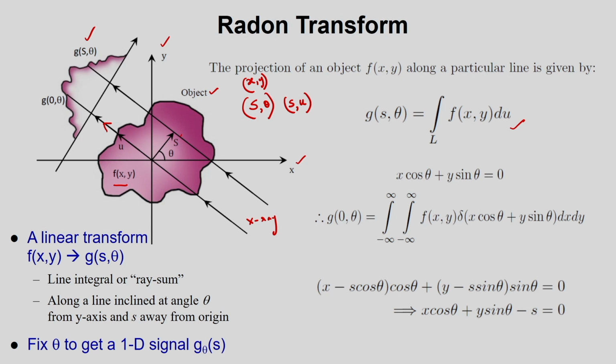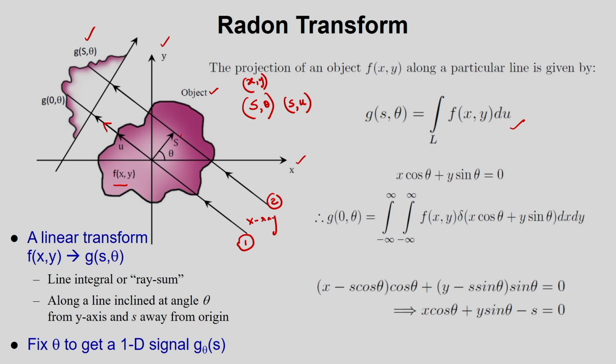The projection of an object f(x,y) along a particular line: I am considering this line, suppose line number 1 and the second line number 2. I have two lines, 1 and 2. So the projection of an object f(x,y) along a particular line is given by g(s, theta). So it is the integral of f(x,y) du, that is a line integral. And already I told you what the image reconstruction problem is: the determination of f(x,y) from g(s, theta).